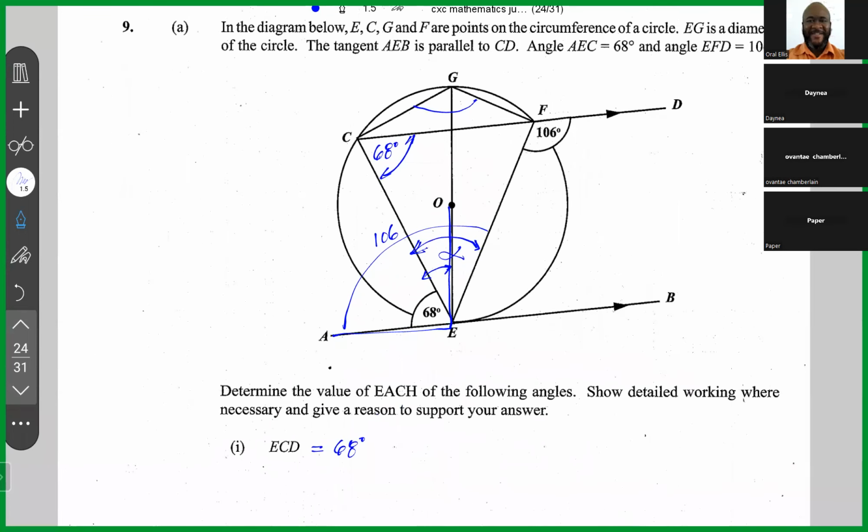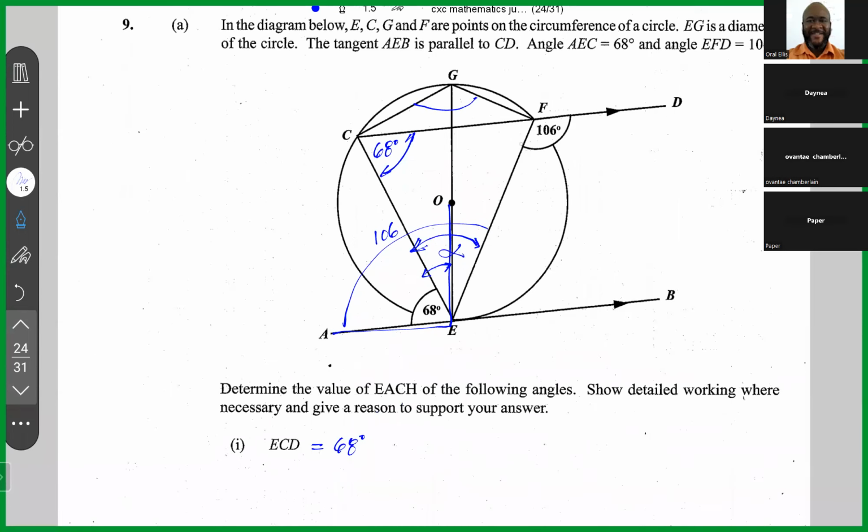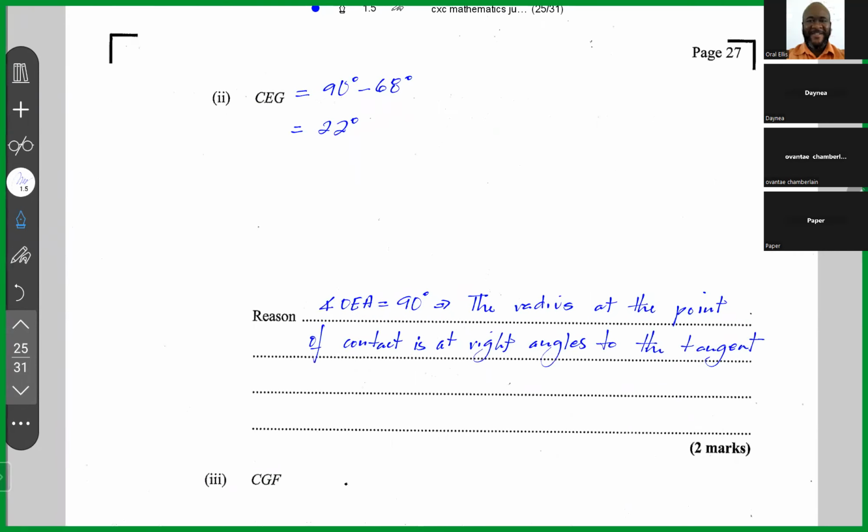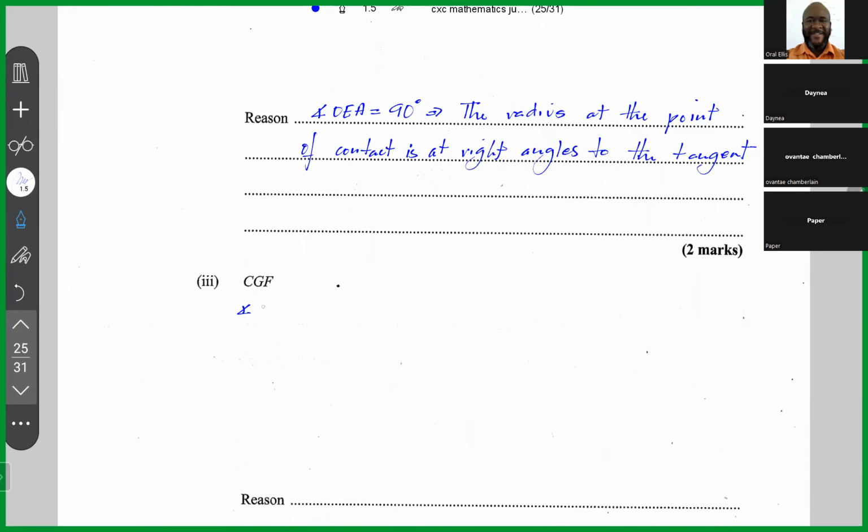So I'm going to first say angle FEA is equal to 106, alternate angles.